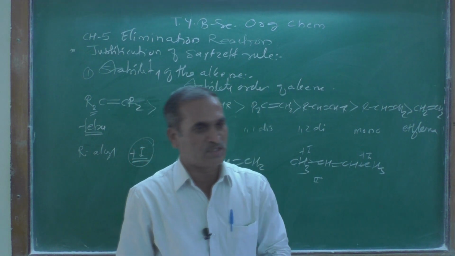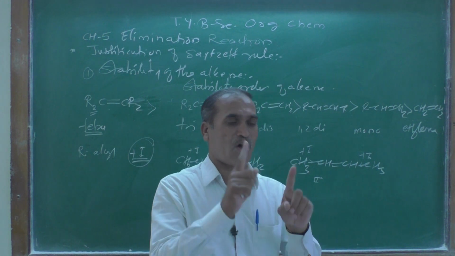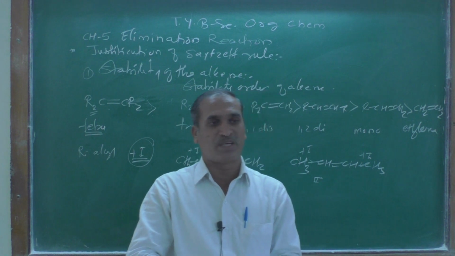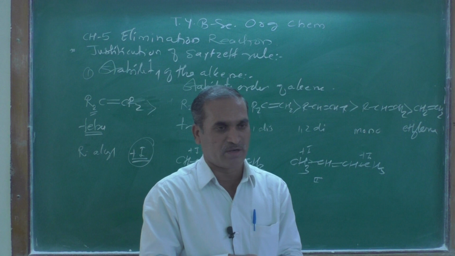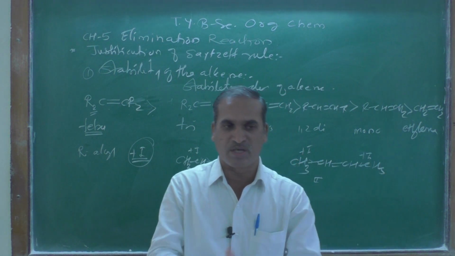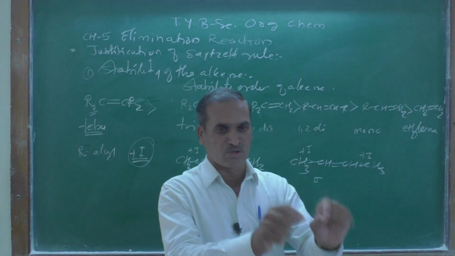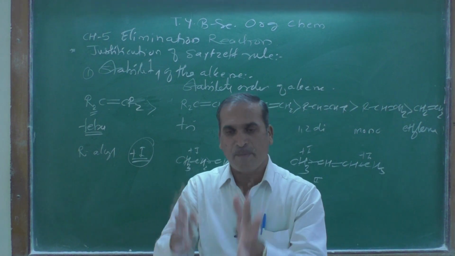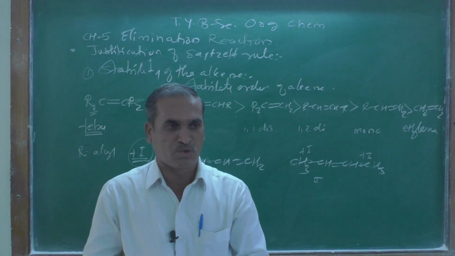In a resonance effect, the redistribution of electrons operates in a pi bond, but here the distribution of the electrons operates through sigma bond, whereas in a resonance effect it is through the pi bond. That is a major difference. Otherwise, whatever rules for resonance effect, they are used or applied as they are in the hyperconjugative effect.